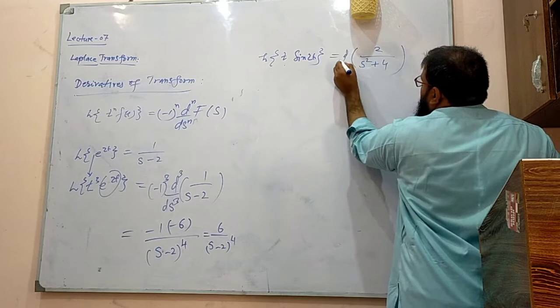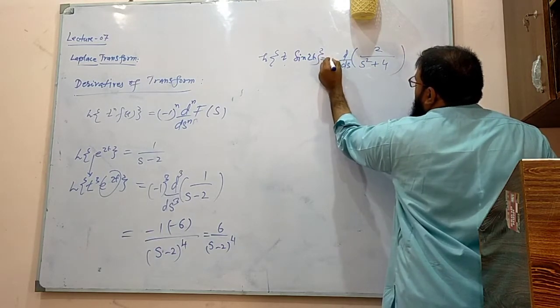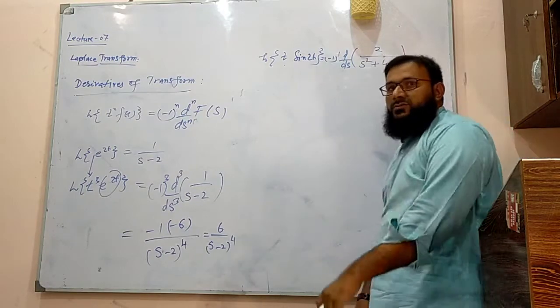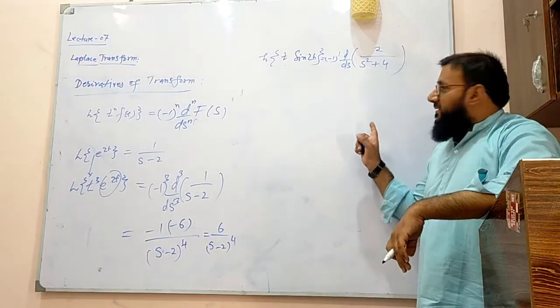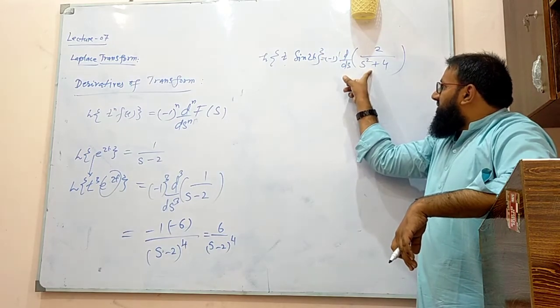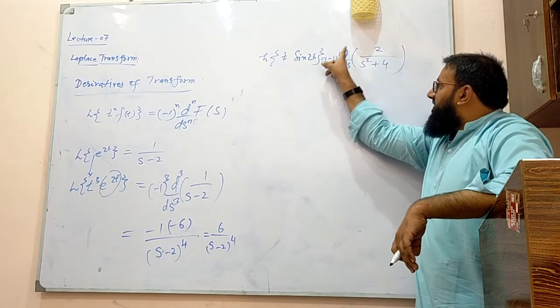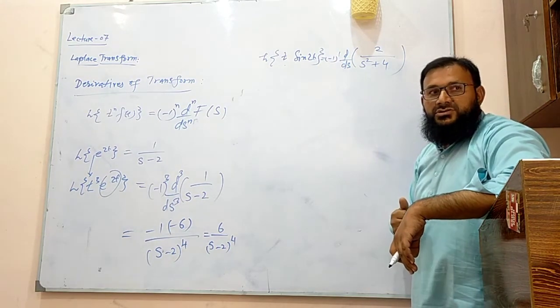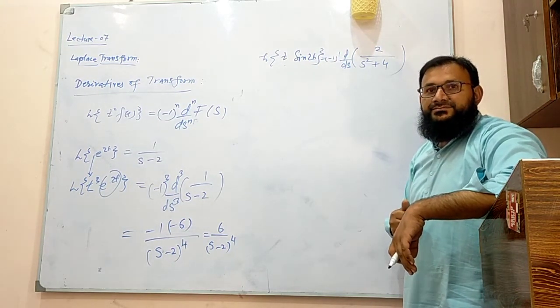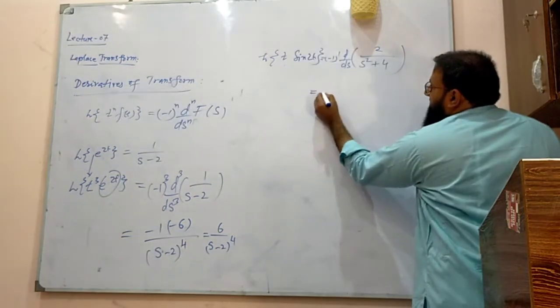Just differentiate and multiply with minus 1 power 1. Is it okay? The Laplace transform of sine 2t is this. What am I doing? Differentiating and multiplying by minus 1. So what's going to be the answer in this case? So that is minus 2.